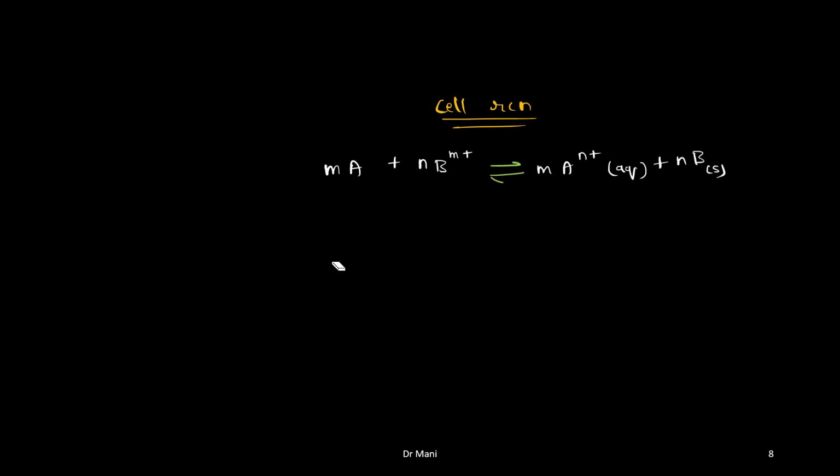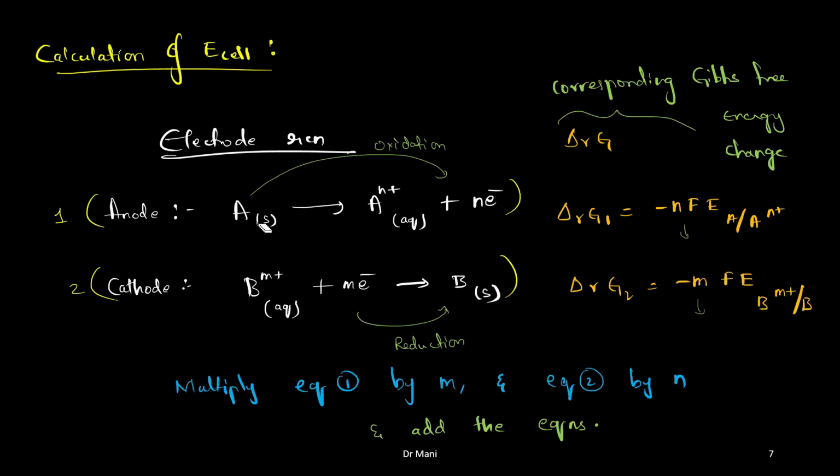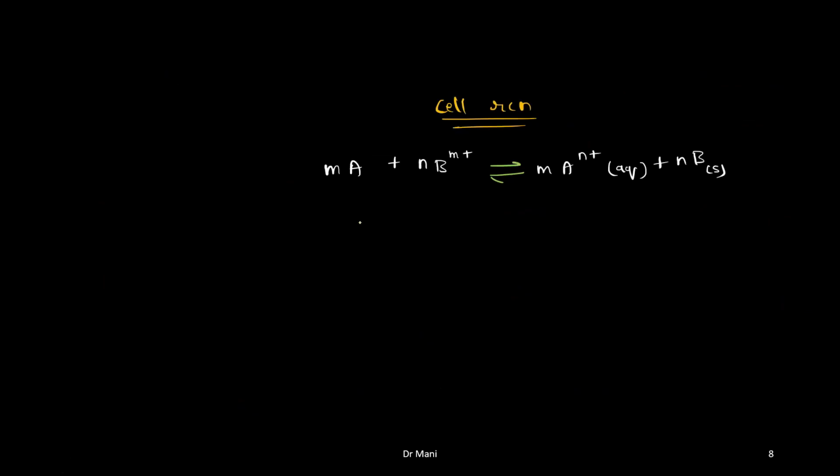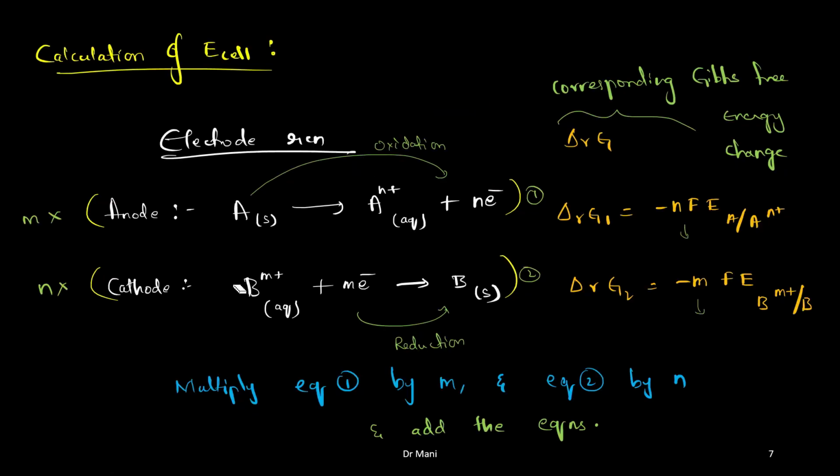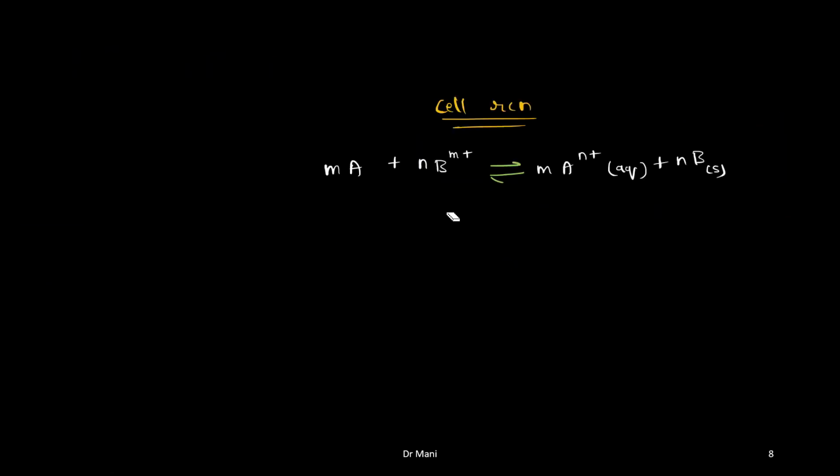Is that clear? What I did, the same thing. Let's say this is the first one and this is the second one. I multiplied the first by M, so you can see here M A, and I multiplied the second by N, so you can see N B^(M+).